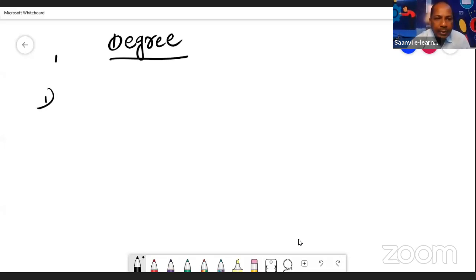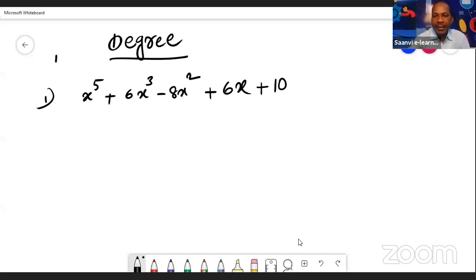So here see, x power 5 plus 6x cube minus 8x square plus 6x plus 10. So this is an algebraic expression, and we have to find the degree of this algebraic expression.